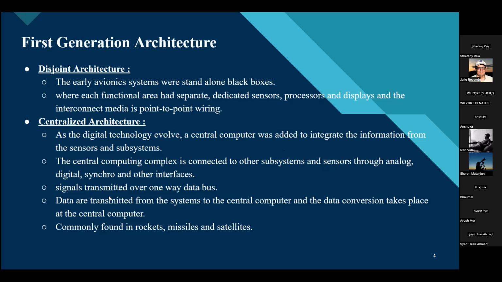Signals were transmitted over one-way data buses, for simplicity. You can have dual-way data buses also, but this was just the first generation and technology wasn't at its greatest. This is mostly used in rockets, missiles and satellites.